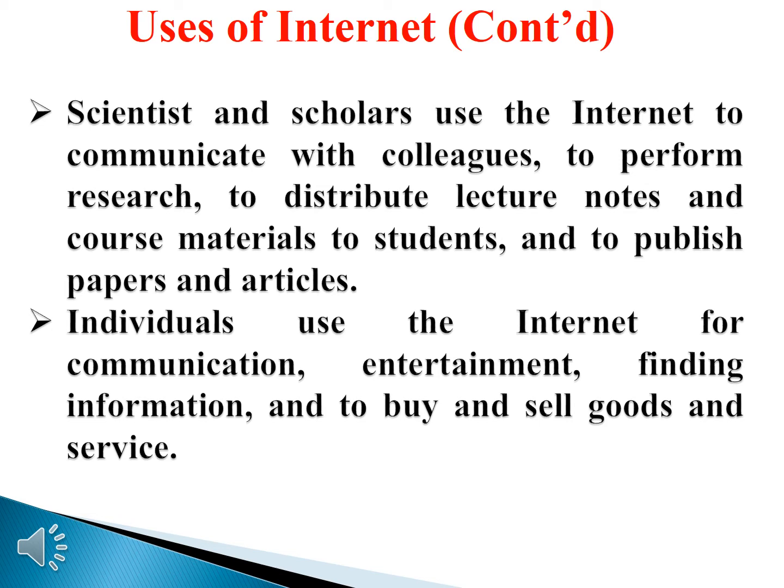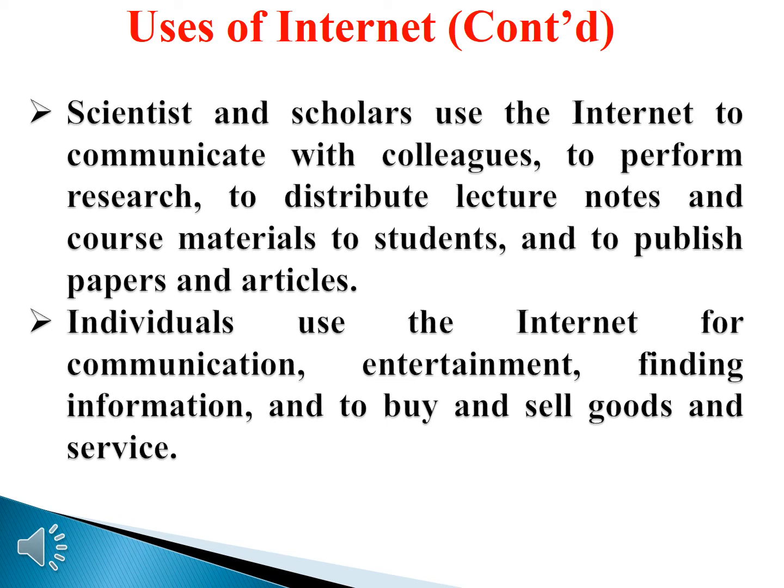And next use of internet is that individuals use the internet for communication, entertainment, to find information, and to buy and sell goods and services. Any individual or a single person is also using the internet for different purposes.